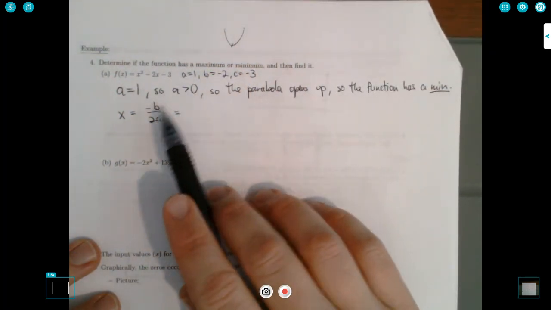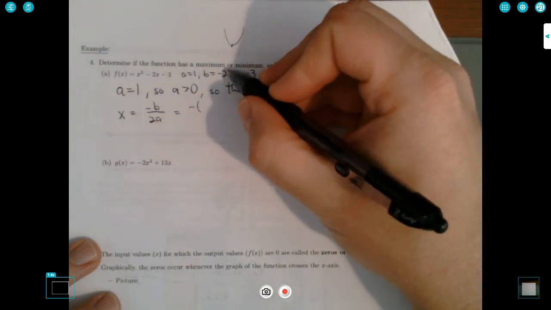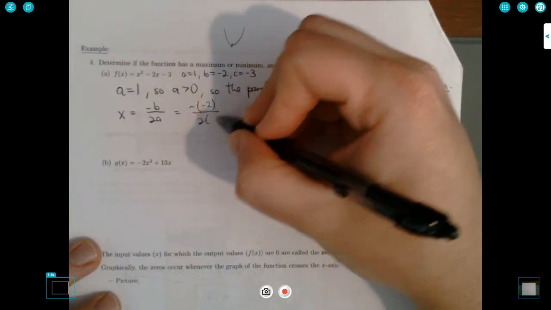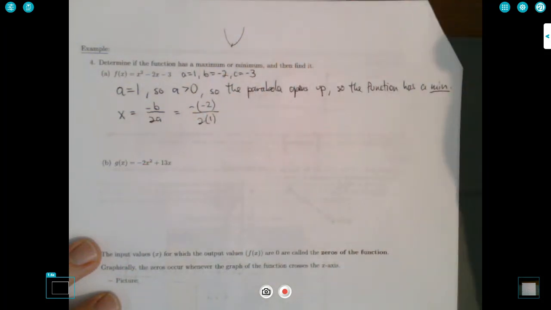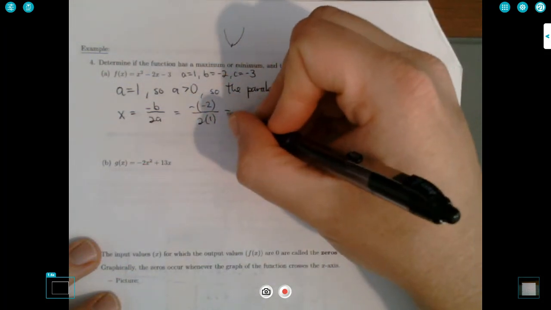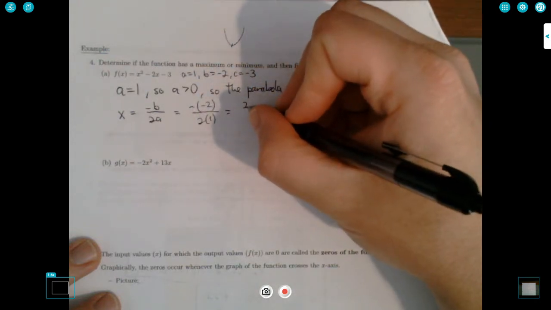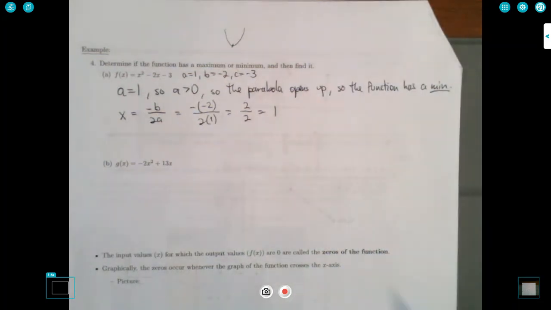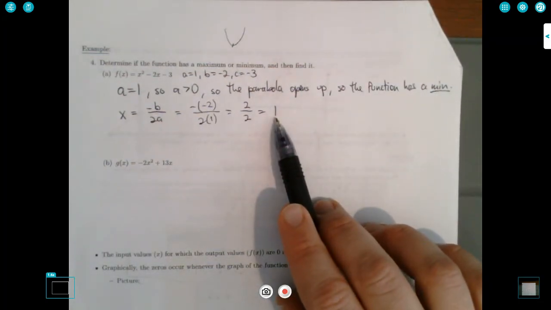So negative b over 2a would be negative negative 2 over 2 times 1. Negative negative 2 is positive 2. 2 times 1 is 2. And 2 over 2 is 1. So the x-coordinate of our vertex is 1.